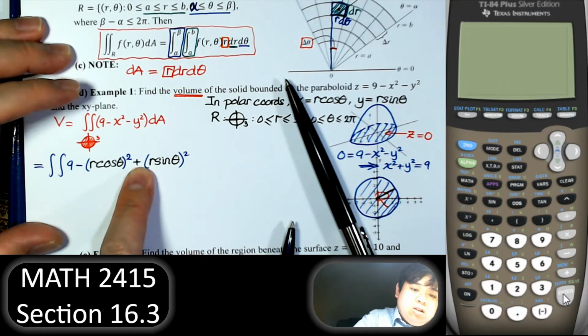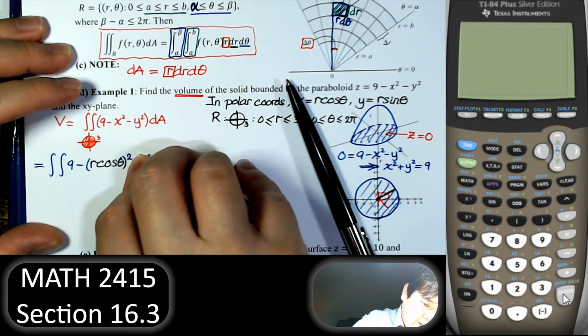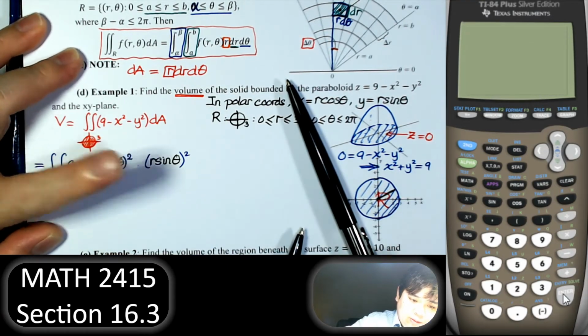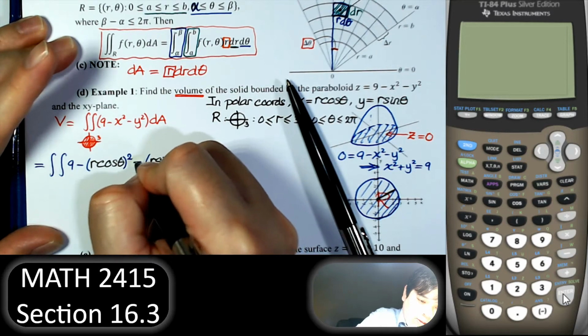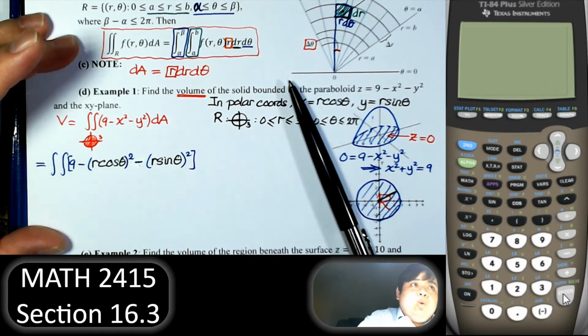That should be minus y squared, with y equal to r sine theta. So we have the function now in terms of r and theta, which is good.